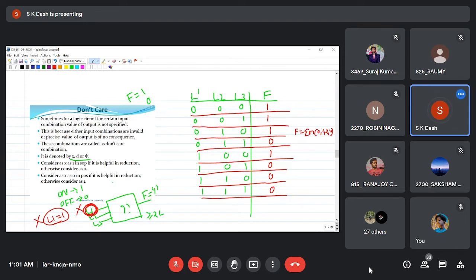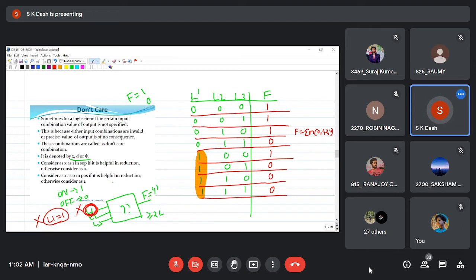Because that LED L1 is faulty, we will never get this value equal to 1. So practically, we will never get this combination. In the truth table we write all possible combinations, but practically we will never come across this combination because L1 is faulty.